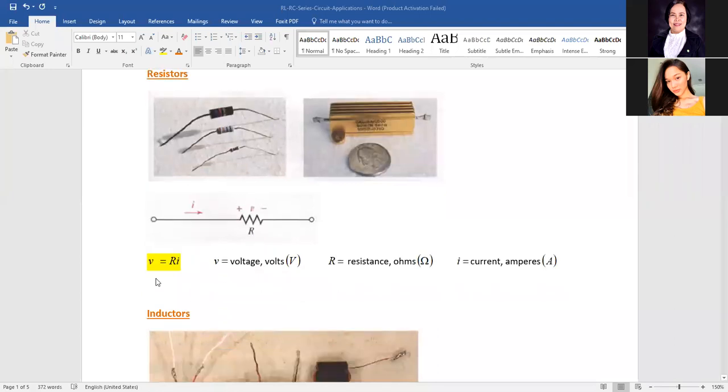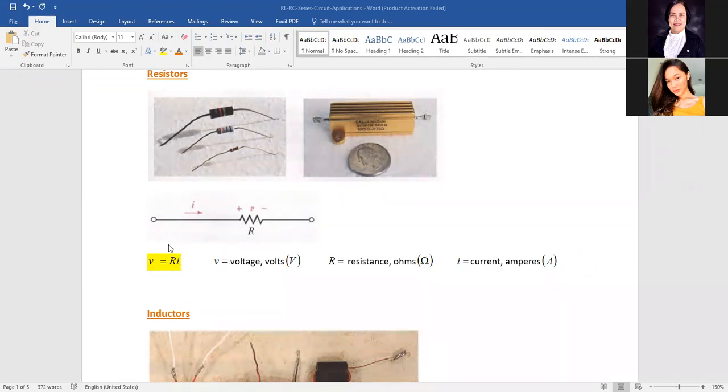So now you get to see that the voltage is equal to the product of the resistance and the current I. The unit for voltage is in volts. The unit for resistance is in ohms with this symbol, and the unit for current is in amperes. So if we are going to connect the current with the resistor, what we'll have is the voltage across the particular circuit element we call the resistor.